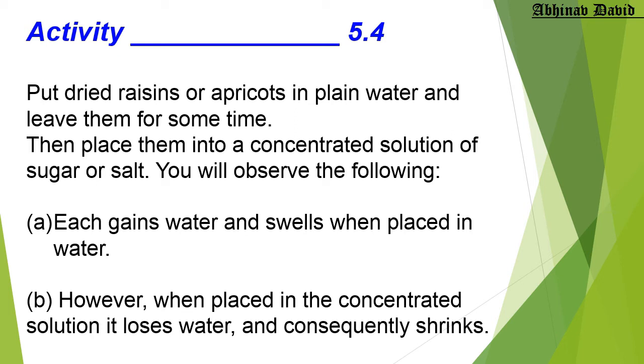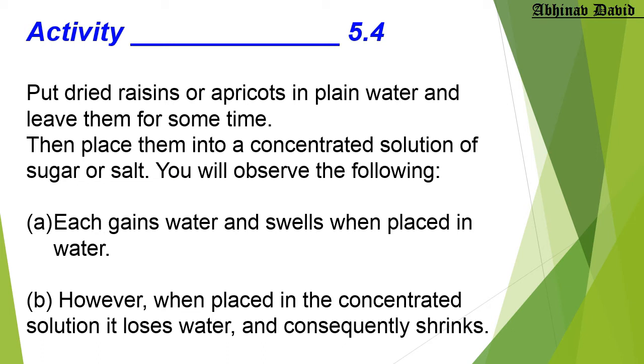If we put the raisins in water, you might have seen your mother making kheer. While making kheer, she may be putting the raisins in the kheer. When we put them in the kheer or in the water, what will happen? They swell up. Why? Because the water in which we put the raisins is hypotonic.